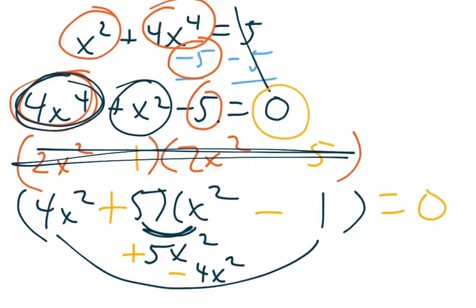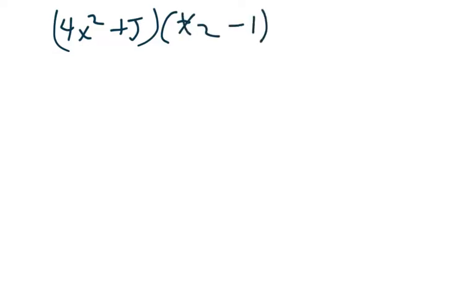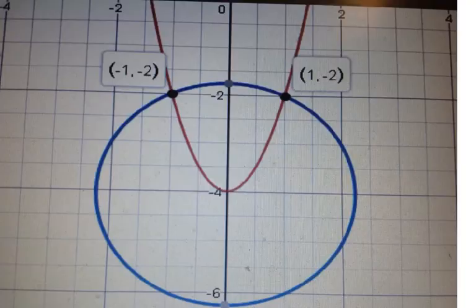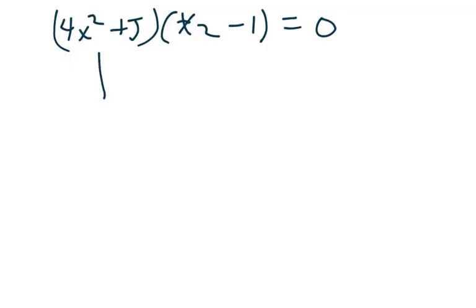And so therefore, let's see what I get. Okay, so I'm going to probably need some more room, so let's go to another page. So we had 4x squared plus 5 times x squared minus 1 equal to 0, right? Let me just double check that. Okay, so what would make this 0?